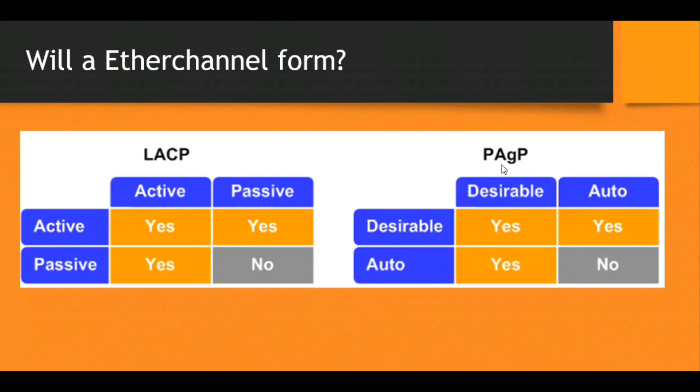Let's move on to port aggregation protocol. Here, if both ends of the switches are desirable and desirable, or desirable and auto, that results in the formation of an EtherChannel.